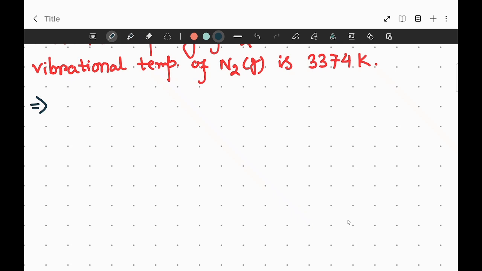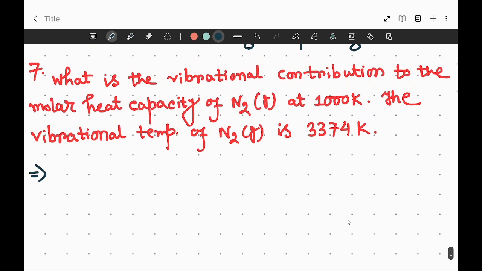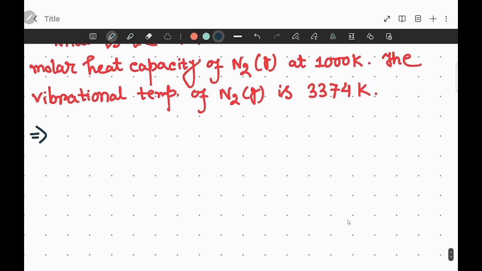Okay, so what should we consider here? The vibrational contribution to the molar heat capacity. This contribution we have studied for a particular mode. So CV, we know the definition of CV.